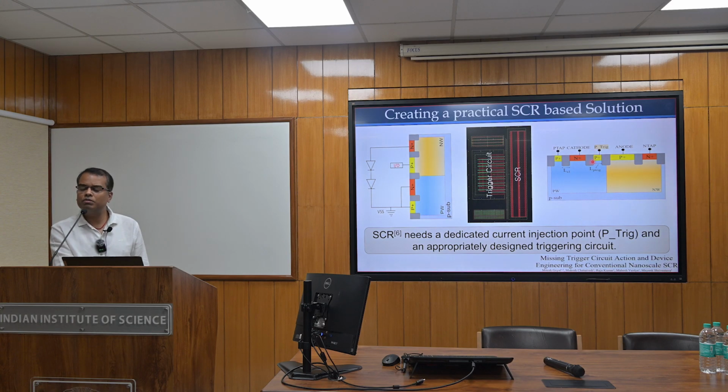One popular method is to use a trigger circuit and create a triggering point in the SCR, which is another P-plus diffusion region in the P well. Once you inject higher and higher current into the trigger terminal, the trigger voltage of the SCR will fall, and more it will come into that ESD design window.